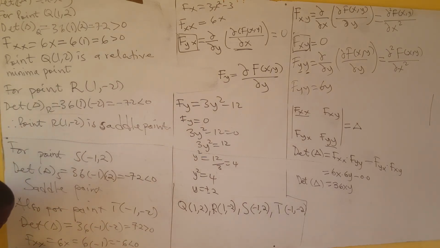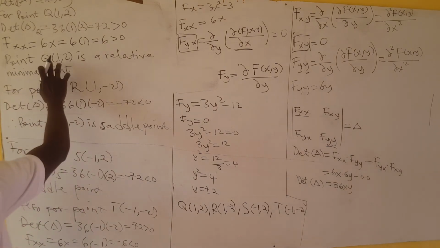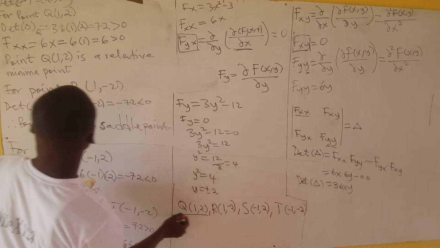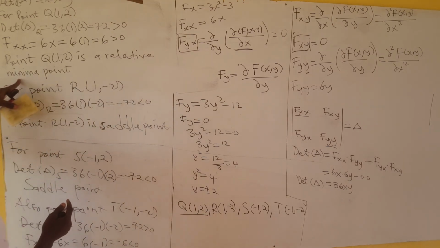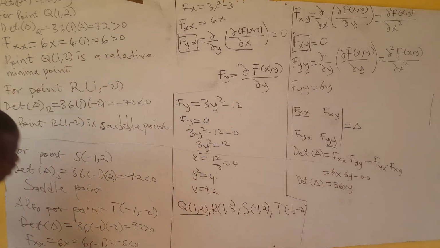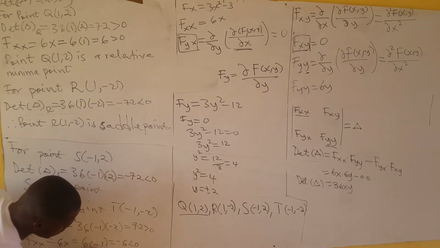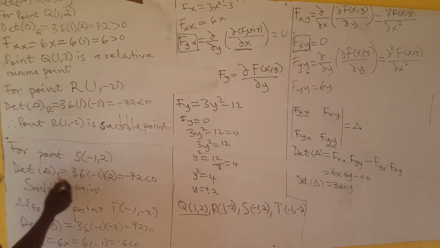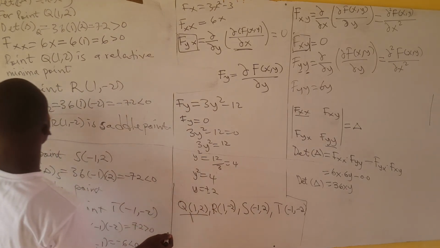So the point is a relative maximum point. Sorry about that. Good. So Q is a relative minimum from here.